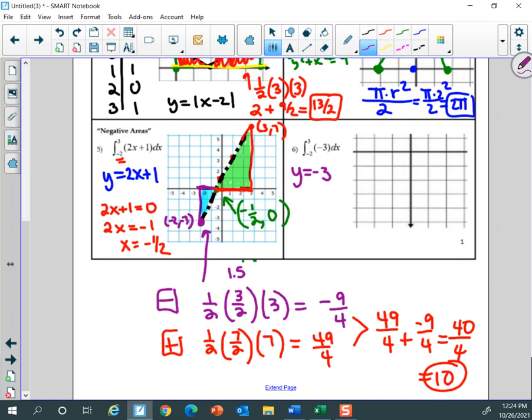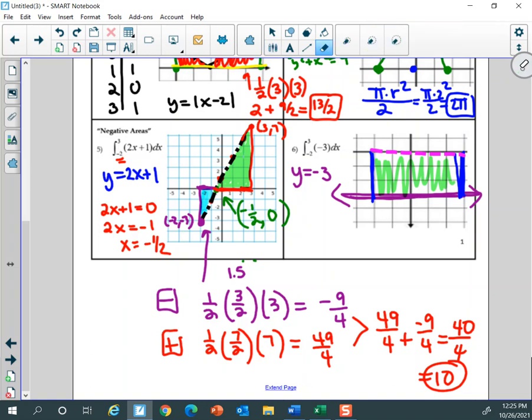Number 6, a little easier: y = -3 is this horizontal line right here. From -2 to +3 with my x-axis right here. So all of my area, this is my start, the -2.